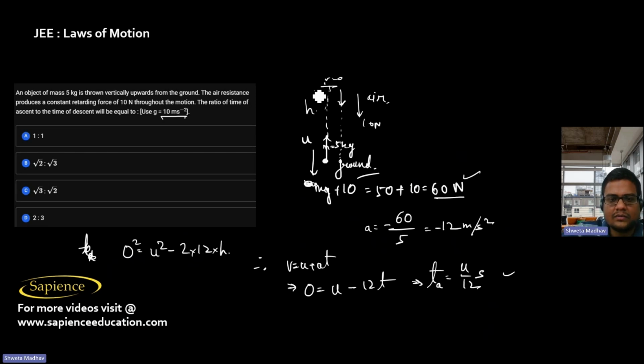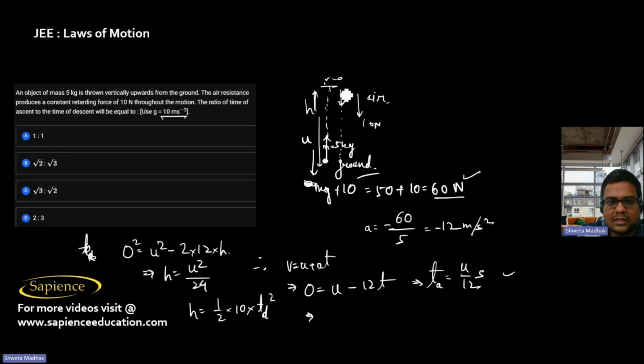Till how much height it will go, we can find out. So therefore h will be equal to u square by 24. Then when it comes downwards, this h will be equal to half g t square, half into 10 into td square, where td is the time of descent.